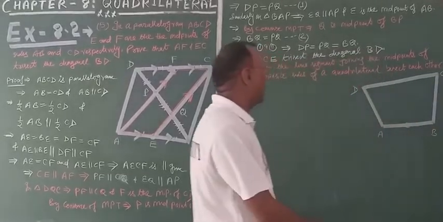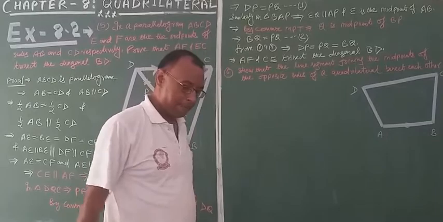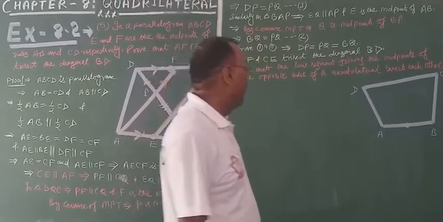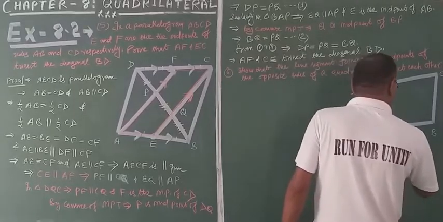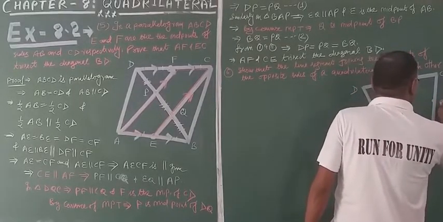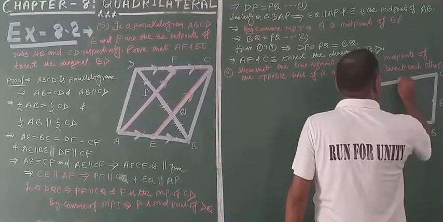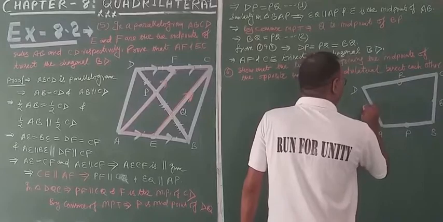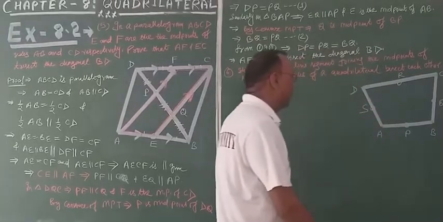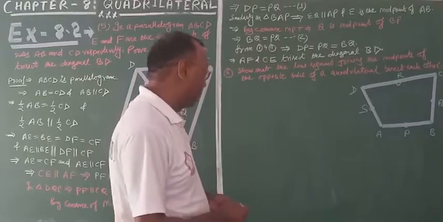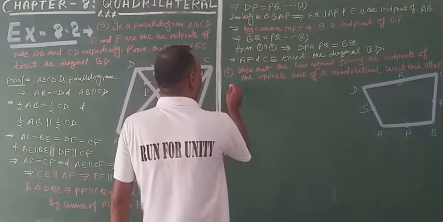Suppose this is the quadrilateral ABCD. Let P be the midpoint of AB, Q the midpoint of BC, R the midpoint of CD, and S the midpoint of AD. So what are you given?